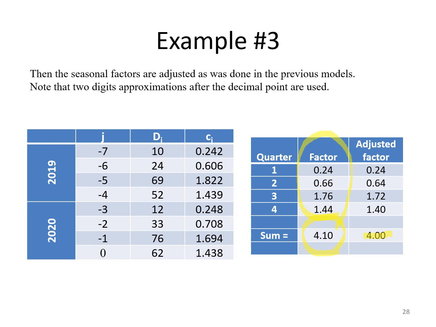So after adjusting these values, we come up with these values. And remember, for manual calculations, it's totally sufficient to just have an approximation of the seasonal factors using 2 digits after the decimal point.